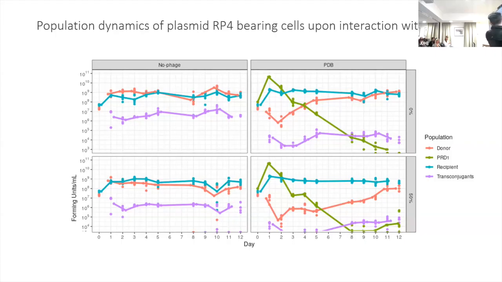We observed some interesting dynamics when the plasmid started to be acquired a little bit more, and that is correlated with the decrease of the phage population. That suggests that resistance was appearing in the population, so the phage was not able to replicate.